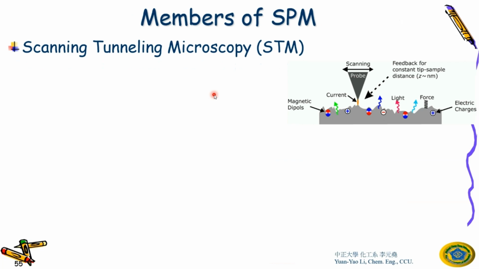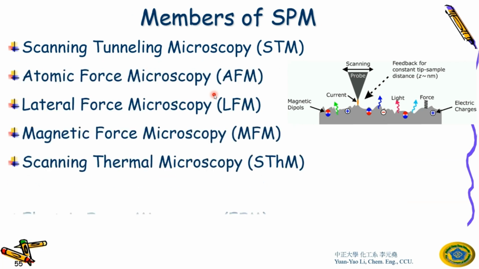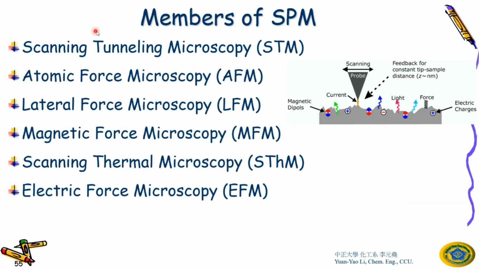So these are the members of SPM. You can use different sensors, like scanning tunneling. This is a quantum mechanics phenomenon. Scanning tunneling. Okay, this is Coulombic. This is van der Waals force. This is lateral force. This is magnetic. This is thermal interaction between two ends, this end and this end. And this is electrical force microscope.